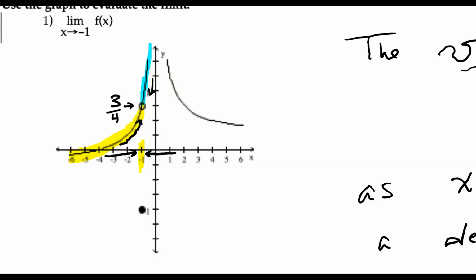So in a nutshell, in order for the limit to exist, and maybe you're thinking of a really famous line from a movie right now, you have to examine the left-hand side and the right-hand side of the function. And in order for the limit to exist, the left-hand side must equal the right-hand side. Generally we will denote the left-hand limit as the limit as x approaches -1 from the left of the function.